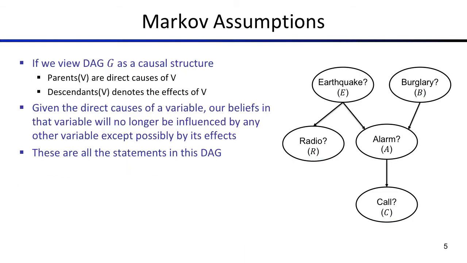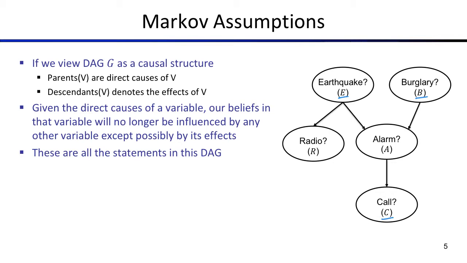If we view this graph as a causal structure, you understand that the parents of a variable are the direct causes and the descendants are the effects of that variable. So in the case of A, we have E and B as direct causes, and we have C as a possible effect.